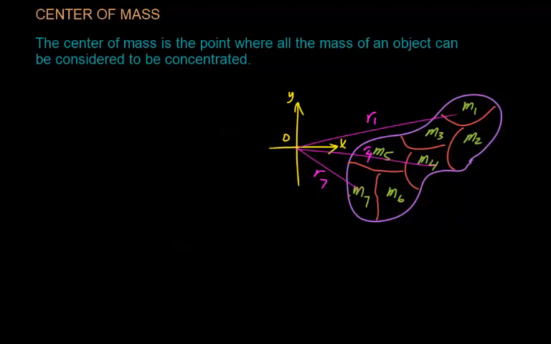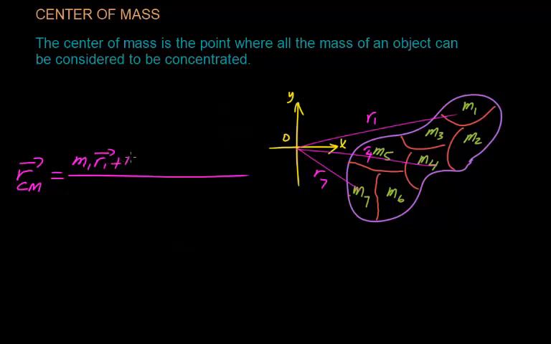The mathematical formula to find the center of mass as measured from the origin is given by the following relationship. The vector R center of mass is given by the following formula. M1 times R1.